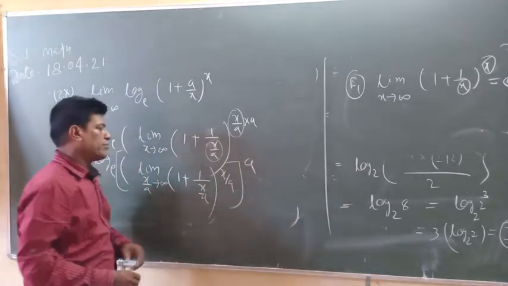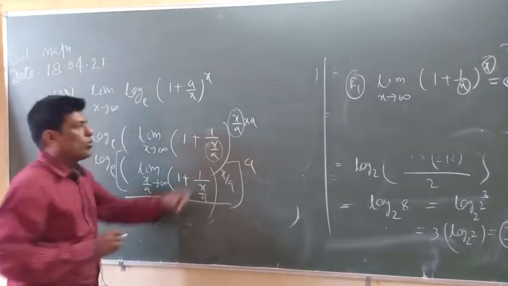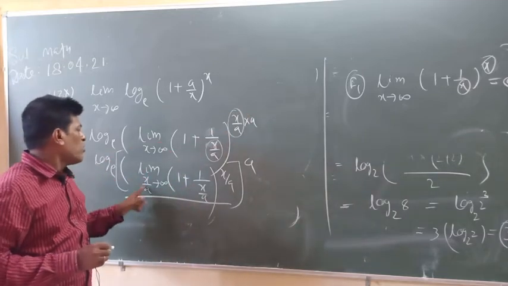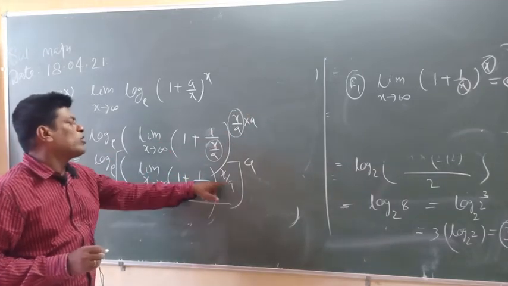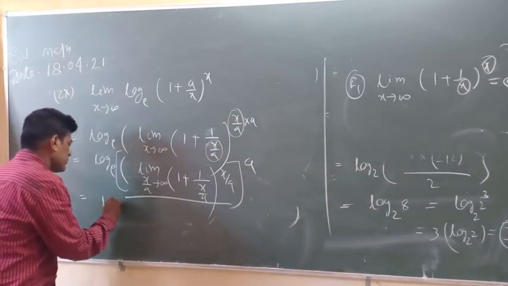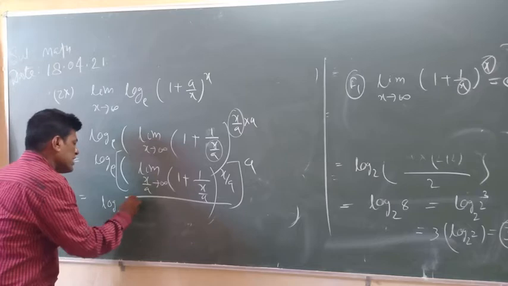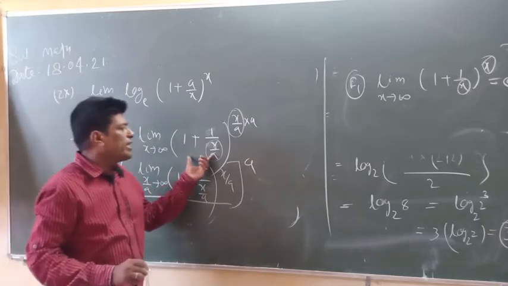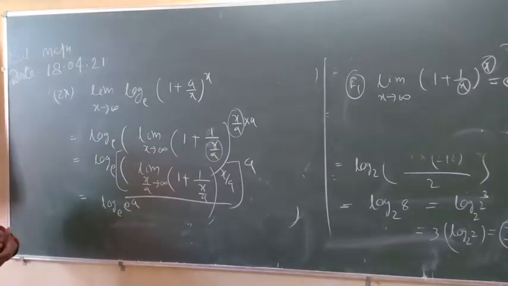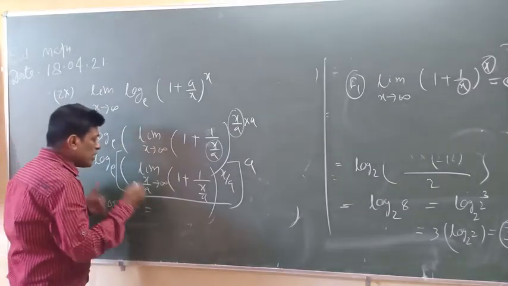That particular value, you compare with this formula. Here put x by a equal to y. Limit y tends to infinity of 1 plus 1 by y to the power y is equal to e. So now log e to the power a, because that value is e, and e to the power a. So a is taken outside from the beginning of the logarithm.